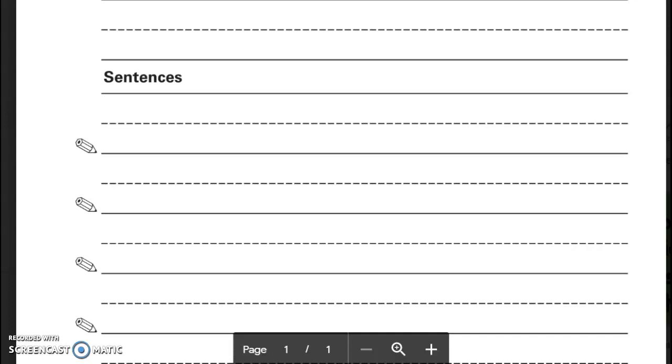But we're forgetting that when we write a sentence, that first letter needs to be a capital, and then we have to have an end mark also. And then also people's names or places, things like that, those also need to be capitalized. But right now I'm really just worried about the first letter and the first word being capitalized and an end mark. So challenge yourself. Okay, here go the sentences.